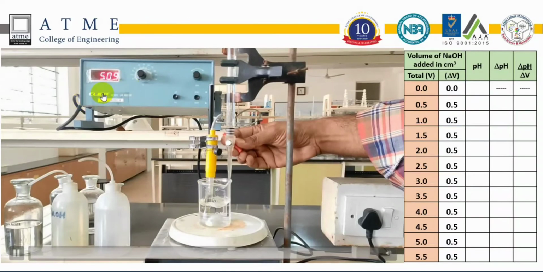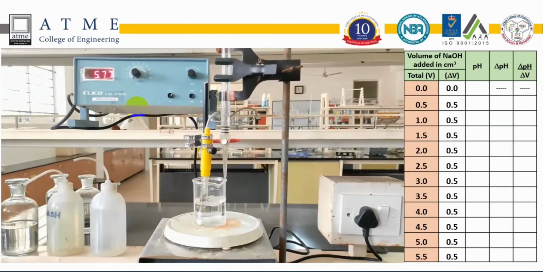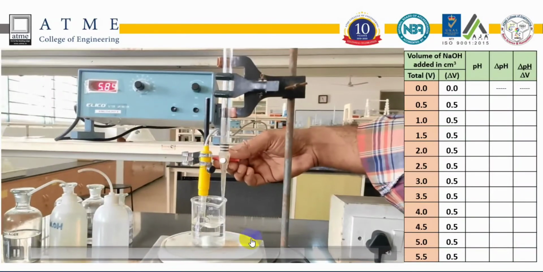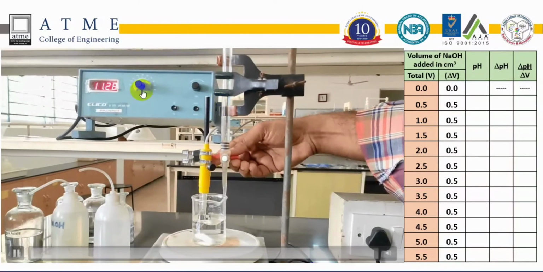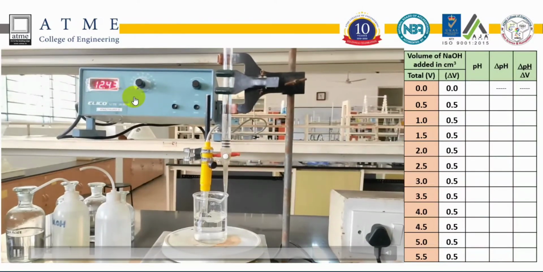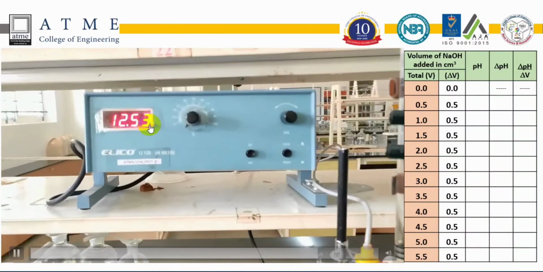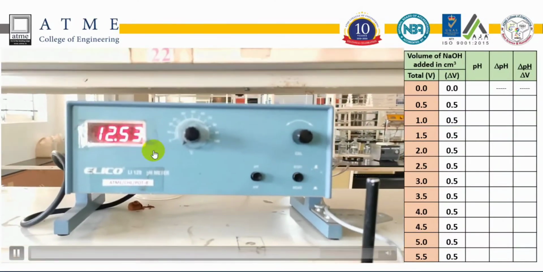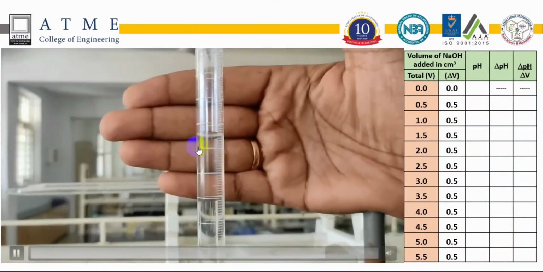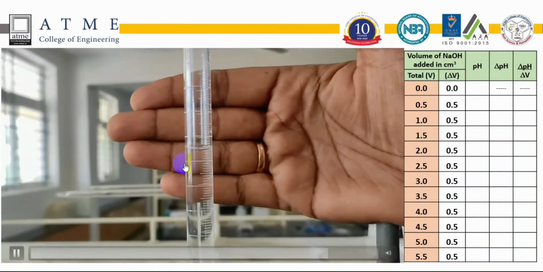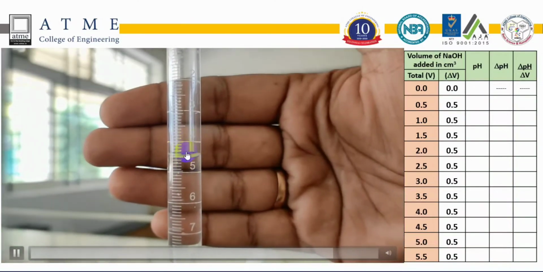Now the pH is 5. You can see from 5.8 there has been a sudden jump in the pH to 12.53. So this is the equivalence point, which shows the complete neutralization. 4.5 is the equivalence point.